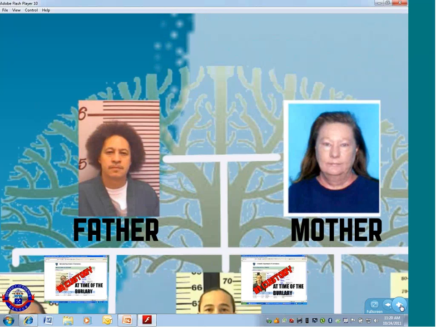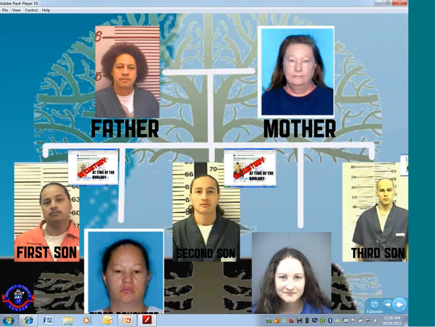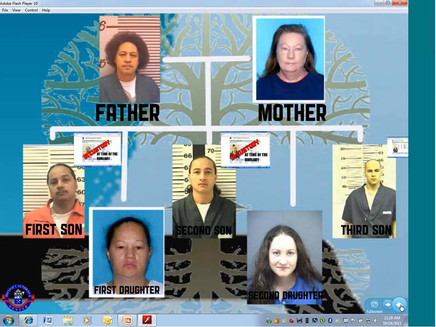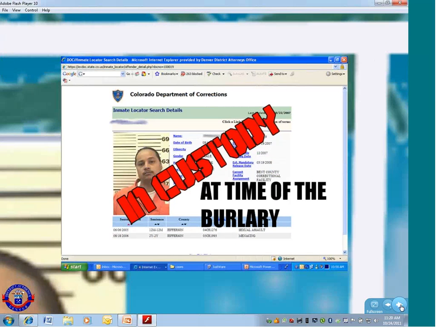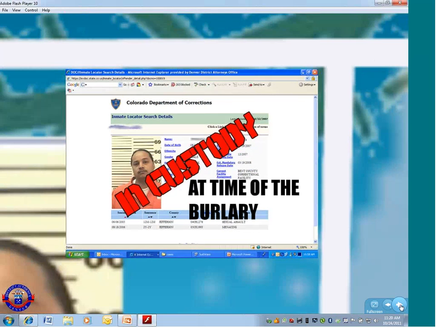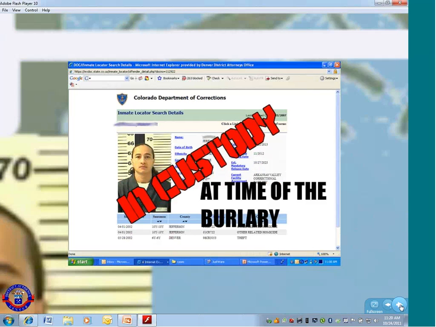We built a family tree. You can see all of his offspring. We're not interested in the women. The first son was in custody at the time of our burglary. The second son was in custody also at the time of our burglary, which means that they both had pretty good alibis and could not have been our burglar.